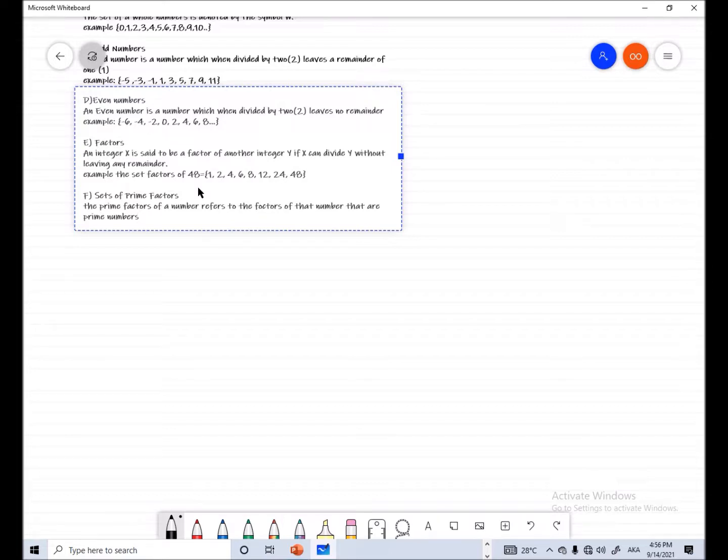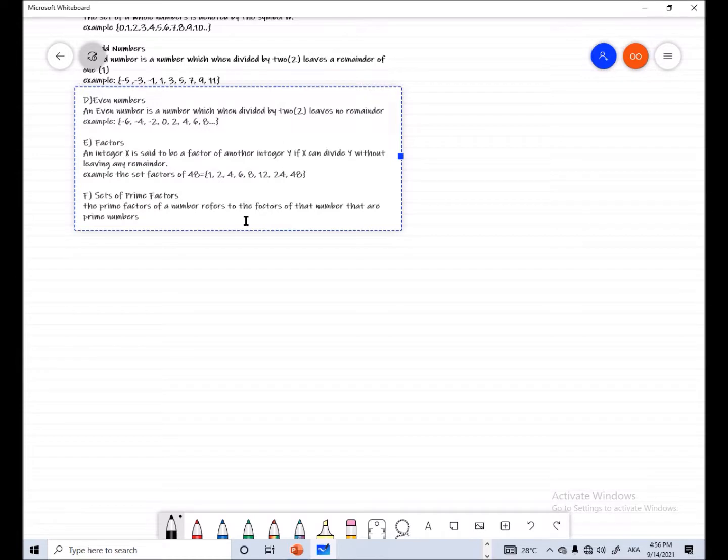Take 48: you divide it by 1, 2, 3, 4, no remainder. But if you ask for the prime factors of 48, could 1 be listed?